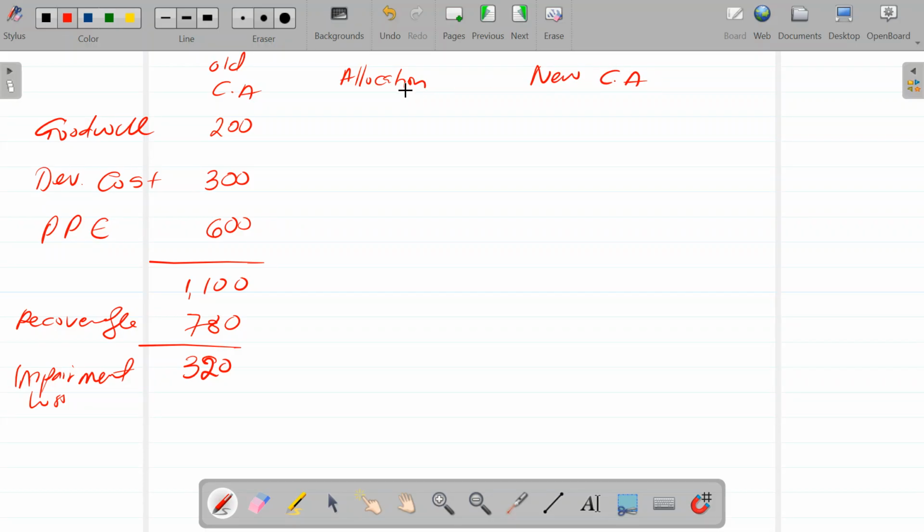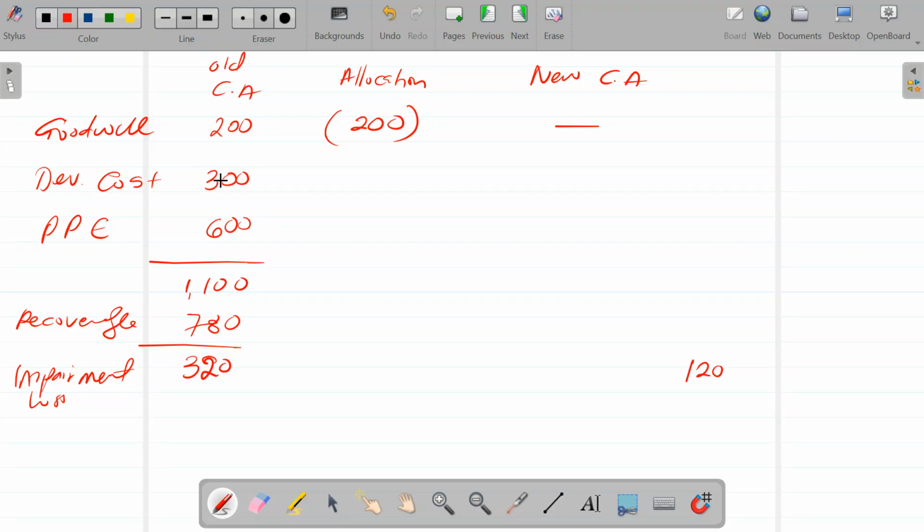Now, of the 320, we will use 200 to cancel the goodwill. So now goodwill will be zero. So how much will be left? 120. So now this 120 we will share among the two.